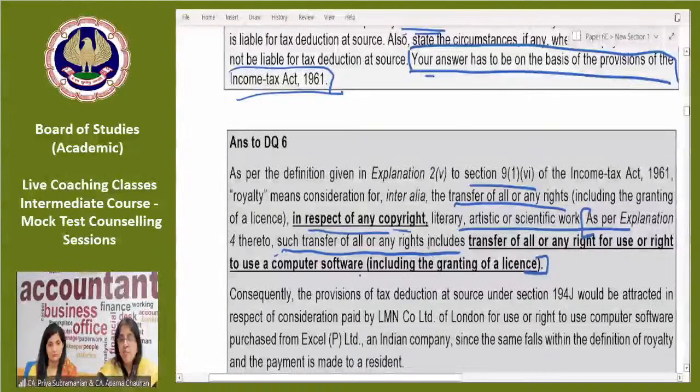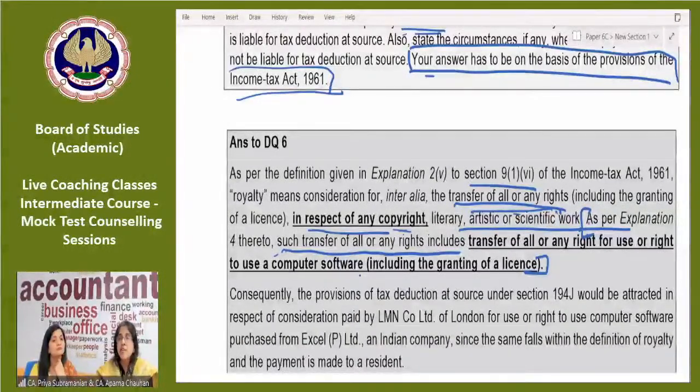Explanation 4 says the transfer of all or any rights, as used in Explanation 2, in respect of any copyright, includes transfer of right to use a computer software. It's by virtue of Explanation 4 that this payment becomes royalty and tax is deductible. Suppose Explanation 4 was not there in the Act, then this payment would not have been chargeable to tax.